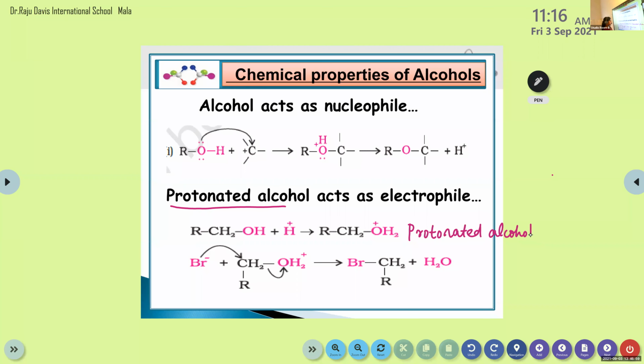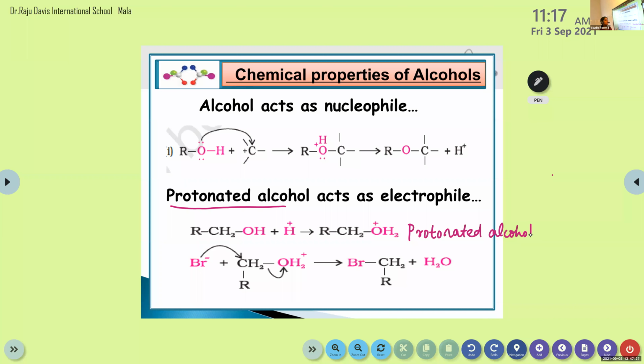Then look at the second step. RCH2OH2 plus, this is the protonated alcohol, and it will react with Br minus. This one is an electrophile. Br minus is a nucleophile, right? When protonated alcohol acts as an electrophile, Br minus is the nucleophile.